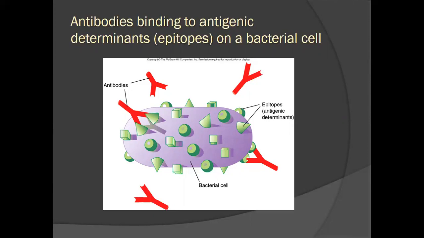Does it allow more chance that there's going to be an antibody that's got the right one? Right, yes, so it's essentially more chance, and kind of what Alanis was saying, different regions.